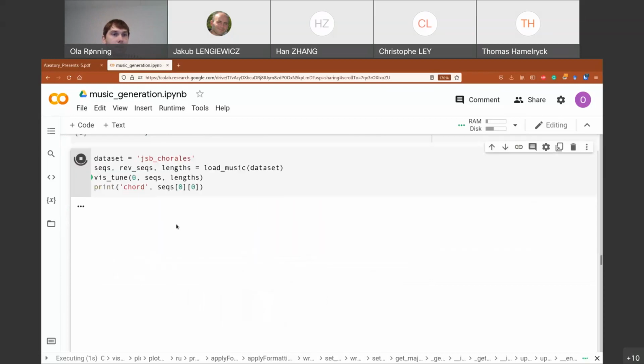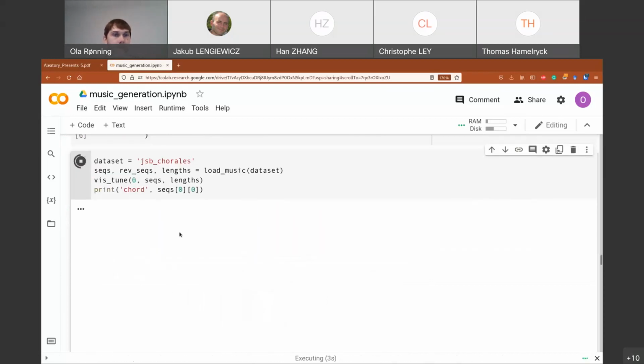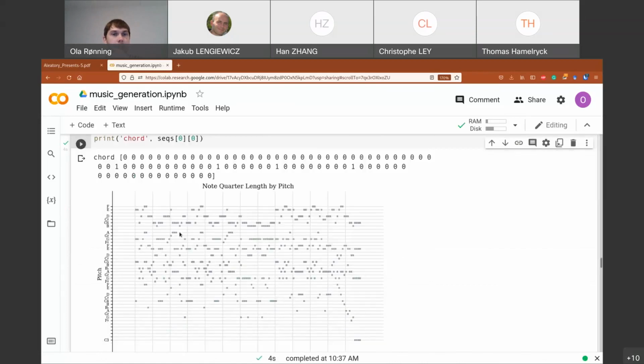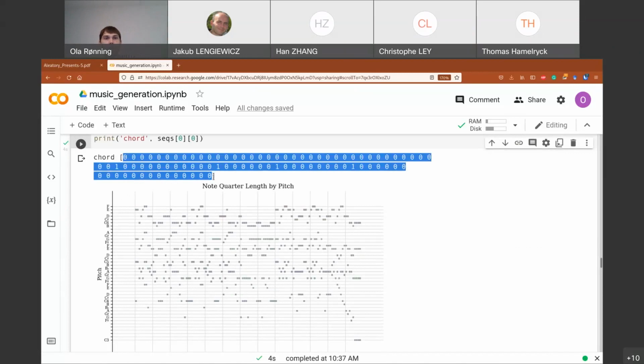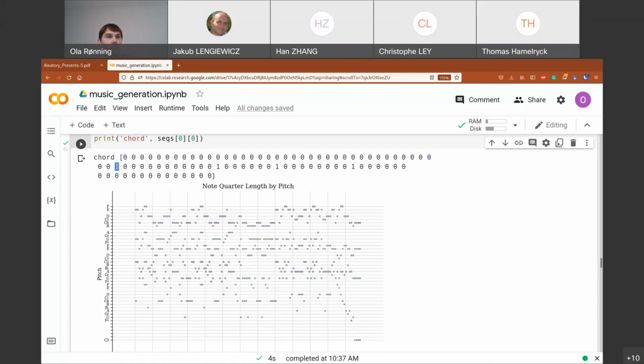So what we're working with is these chorales, which are piano rolls. We have 88 keys, and whichever one is pressed down on a chord is given a 1 at that position. So this is what our data look like, and we can visualize this.